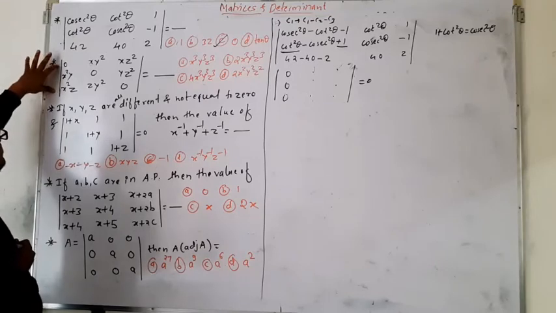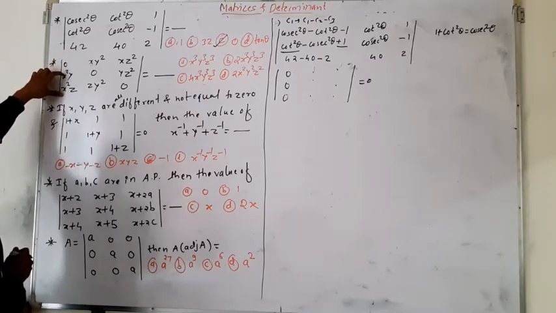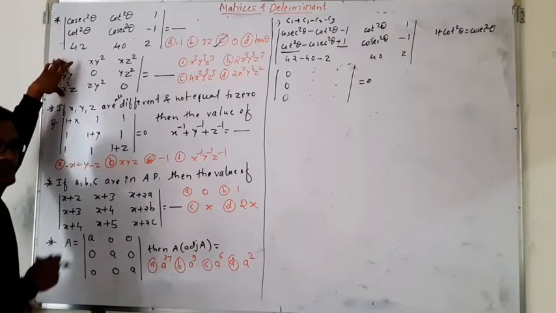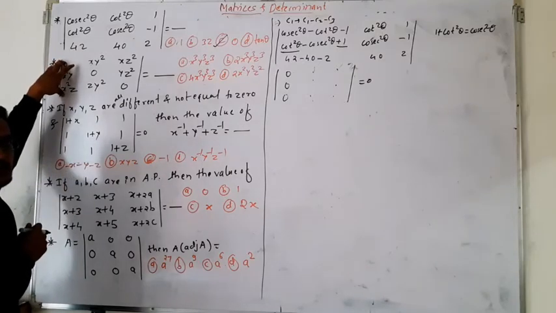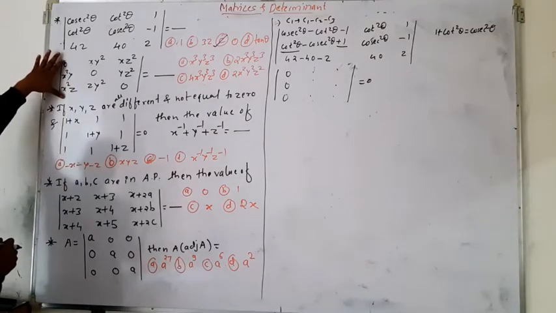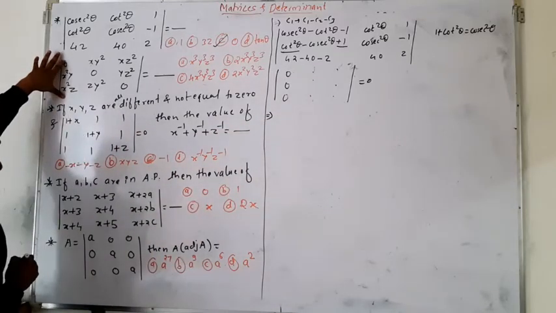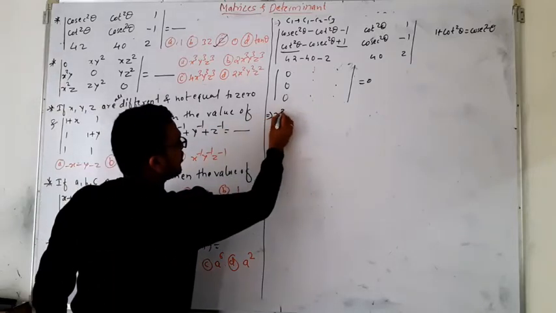So if you observe the first column, this is 0, then x square y, x square z. Okay, as you know, among the three elements, suppose one is 0 but the other two are the same, then we can take out that element as common. So therefore from the first column, what can we take out common? X square. So x square is common.